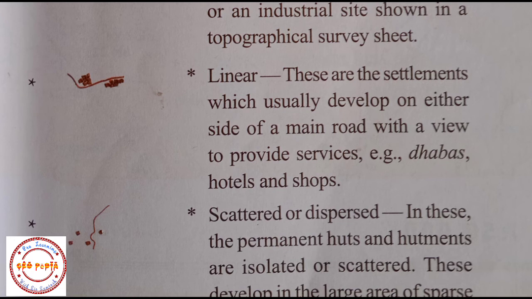So this type is especially found on either side of the road, railway track, and river streams, and mostly you can see shops, dhabas and hotels, and besides these people also live on either side of the roads or the river.